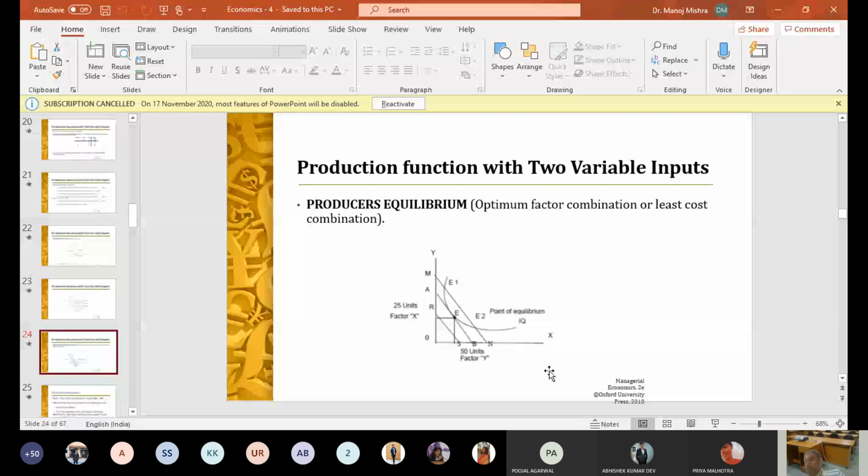Is this clear? So now we know what the producer's equilibrium is and how to arrive at it.